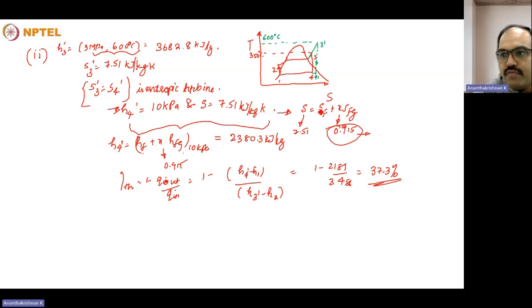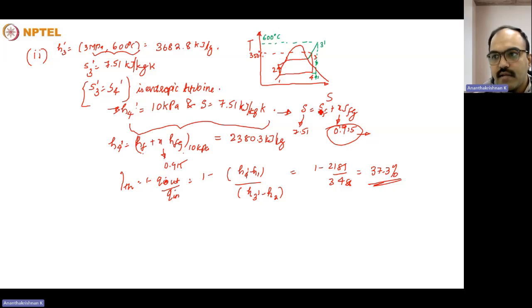So what can you infer from these two parts of the problem? So basically, this is a concept of higher temperature of heat addition. If you have looked into the entropy equation, it always has a temperature of heat addition.